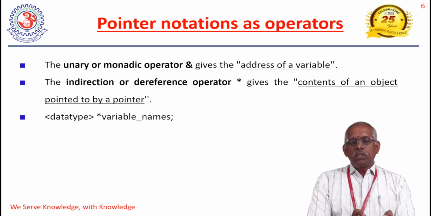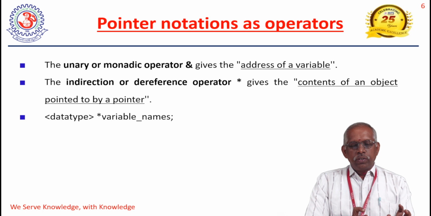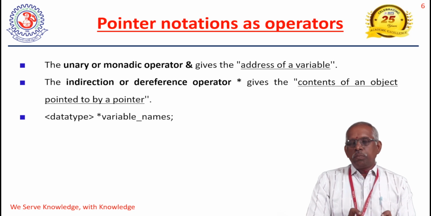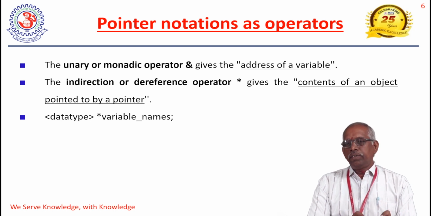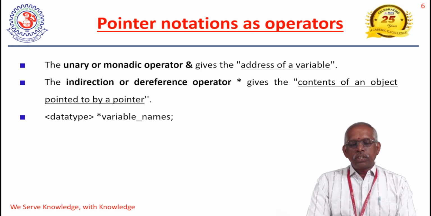This is one notation we have to follow. Second, what content we have in that address, just like a door number and a home. The address operator gives the door number. We reach the place, the address, and next, the indirection or dereference operator, the star or asterisk, will give you the content of the particular memory location. What value we are having in that location.